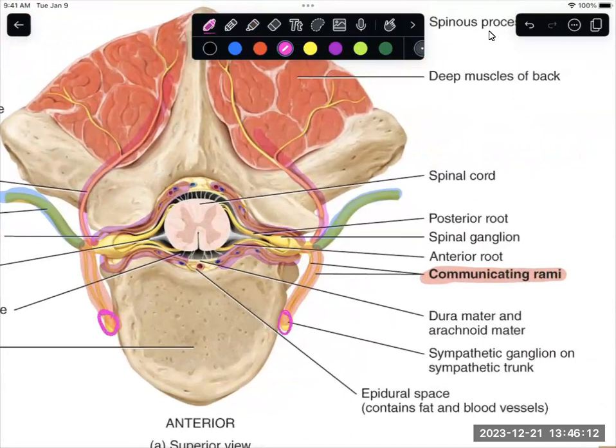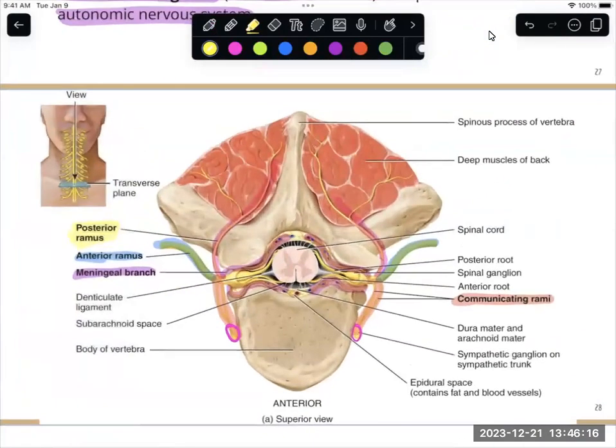We'll go into more details about all of that, what it does, when we get to the autonomic nervous system, but that is where some of these go. That posterior ramus just branches off that spinal nerve and just goes to the back.